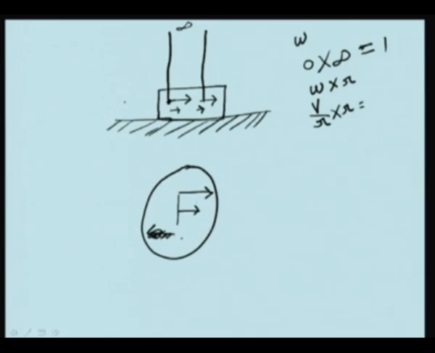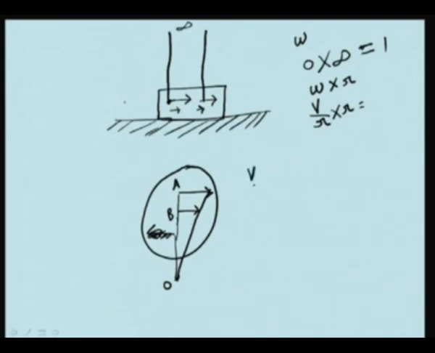Suppose this is the instantaneous center, then the situation will be like this. The instantaneous center will surely lie on the line passing through point A and also through B. Let the instantaneous center be at a distance RA from A and a distance RB from B.